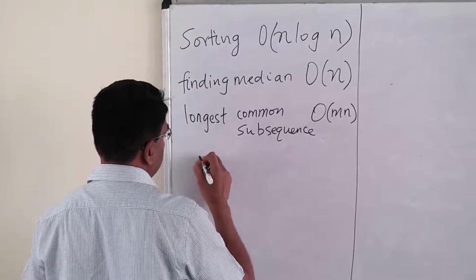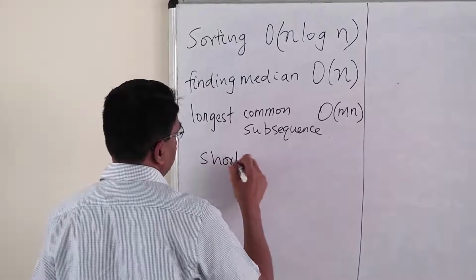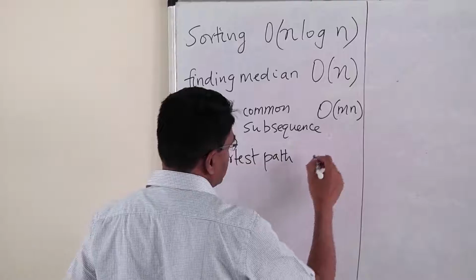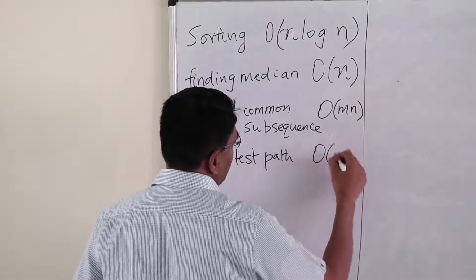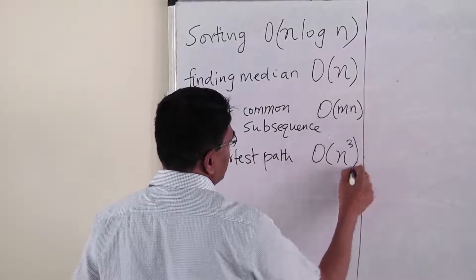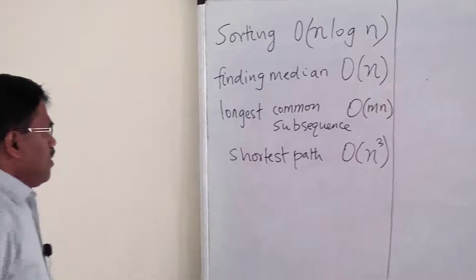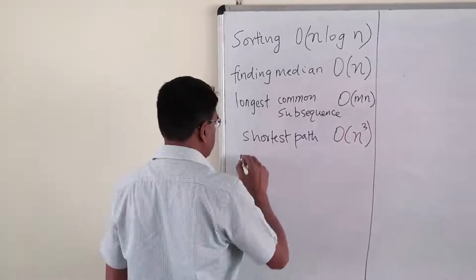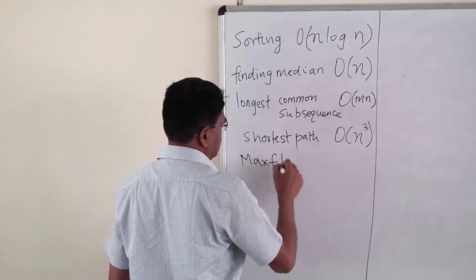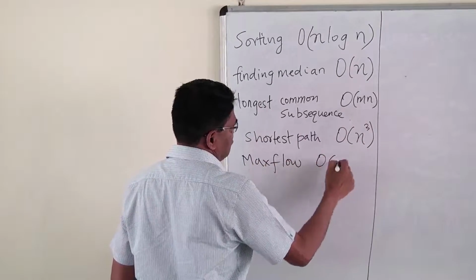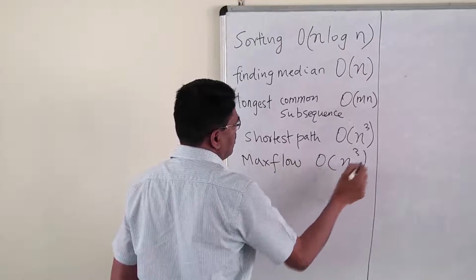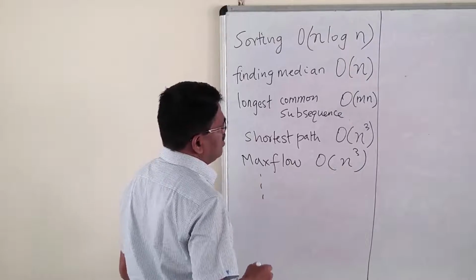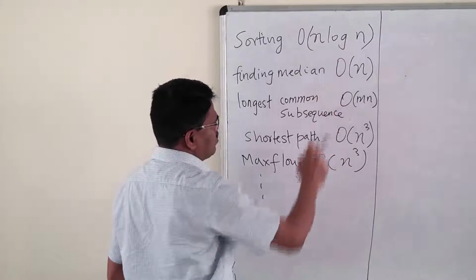Shortest path: all pair, single source, single terminal. They're all taking something like n cubed time. I don't know what more you saw. Max flow, roughly n squared, n cubed. If you have a network on n vertices, you can list down the running time of these problems.